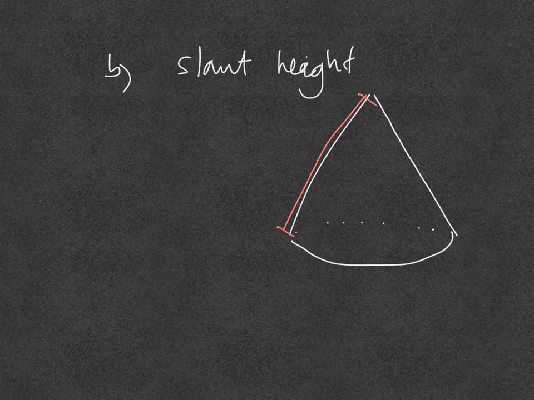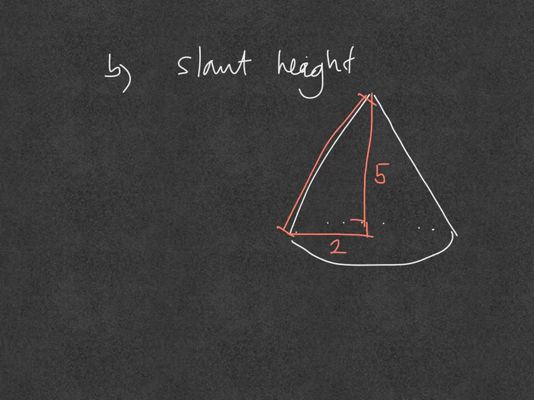Now we can find the slant height by, let's see, if we have the center of the cone down here. We know the height of the pile, and we know the radius. And here we can simply use Pythagoras.